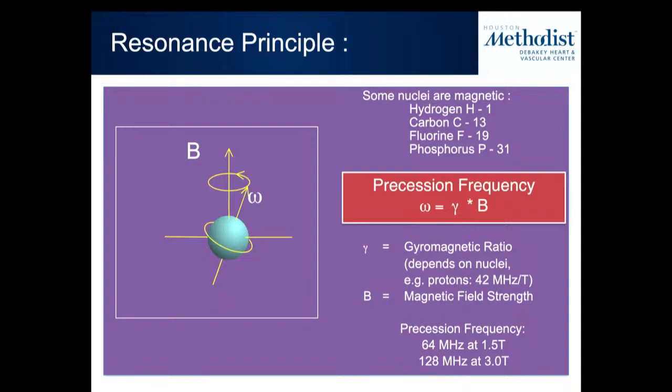It's based on this equation right here, which is what's called the Larmor equation. This is the type of thing that for any of the imaging fellows, if you're going to take the MRI board exam, they love to ask this question. So make sure you memorize this.